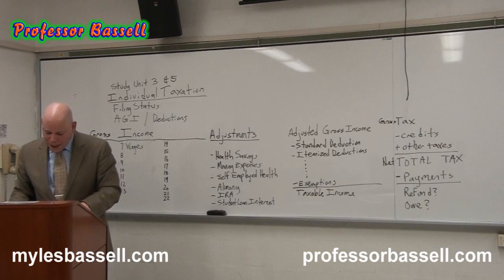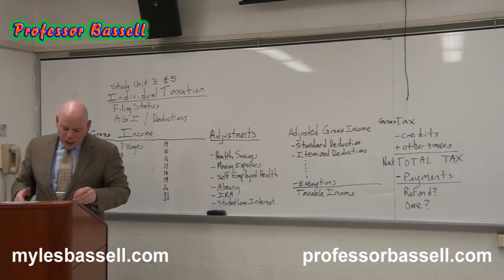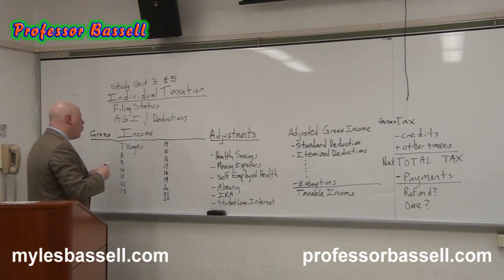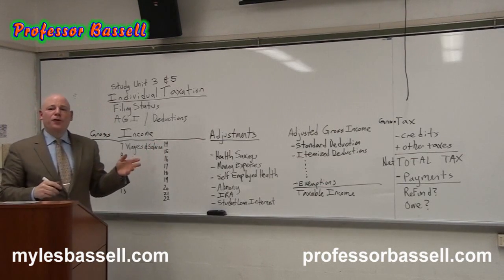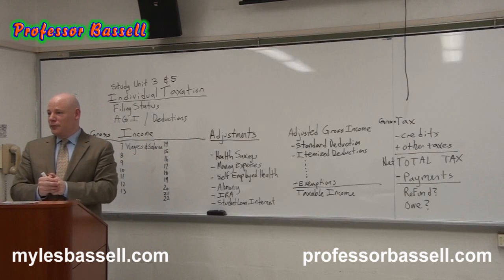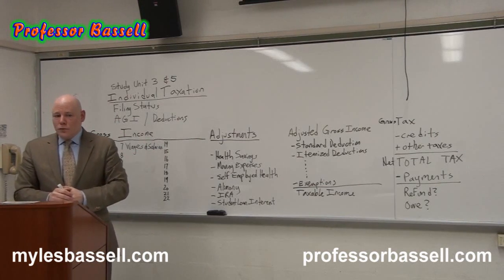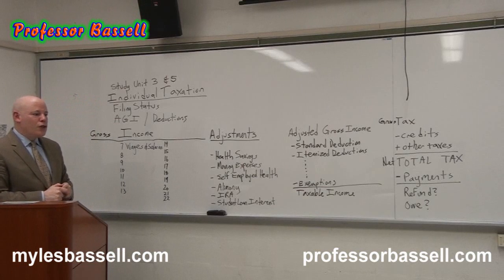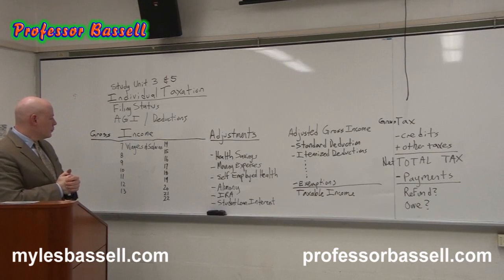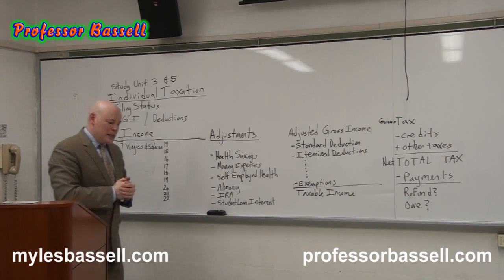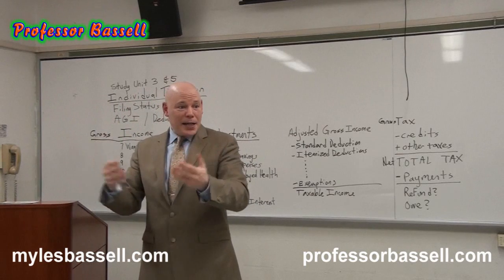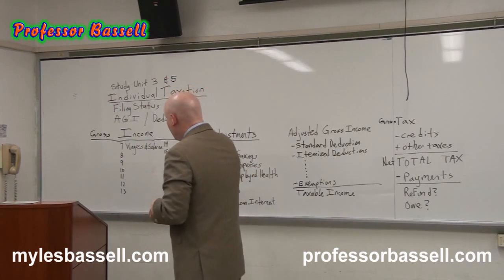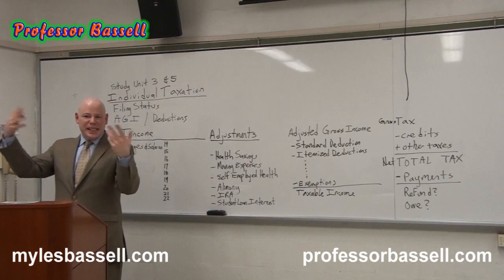On Form 1040, you go through lines 7 through 22, and the IRS makes a point to distinguish between these different types of income. At the end of the year, we might actually have to pay tax above and beyond what was withheld from our wages and salaries.